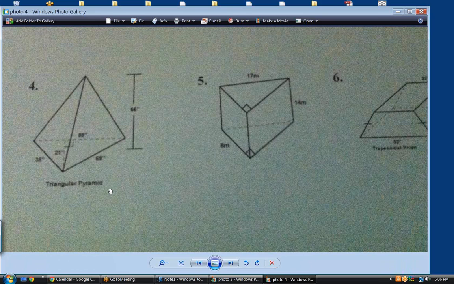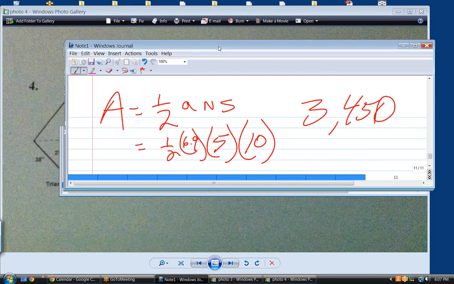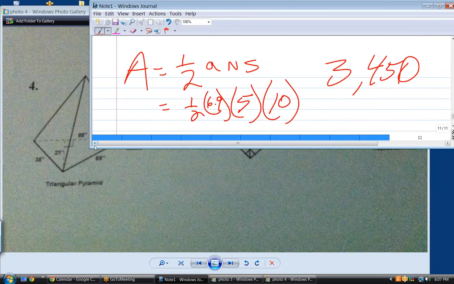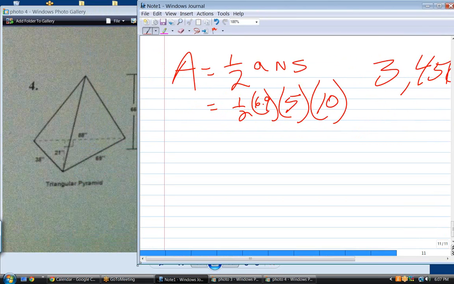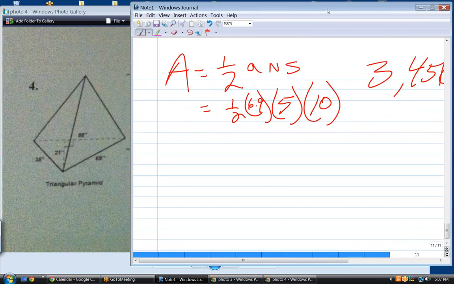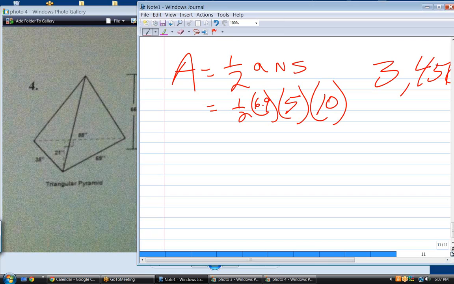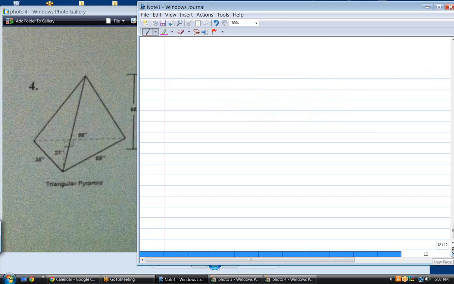Triangle? Okay, what's the area of a triangle? Base times height? No. 1/2 base times height. Okay. So, hold on one moment. That's 88 times 21. We've got 1/2, the base times 21, which is the vertical height of that triangle.